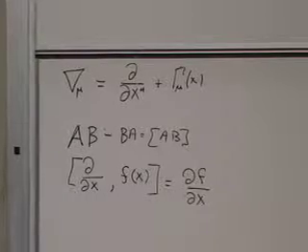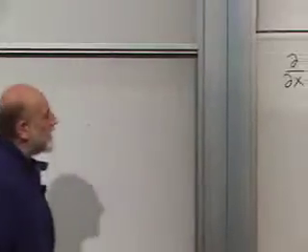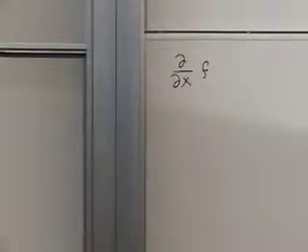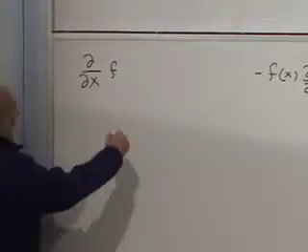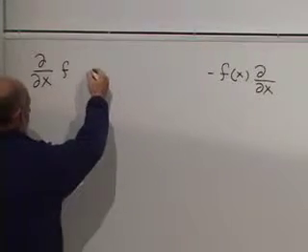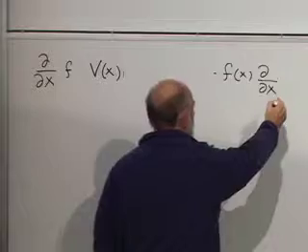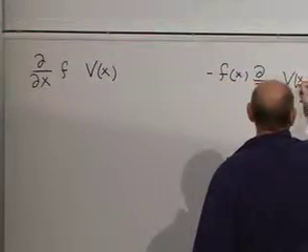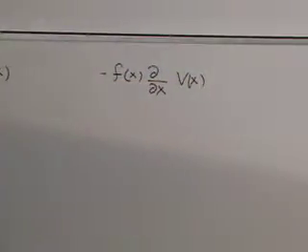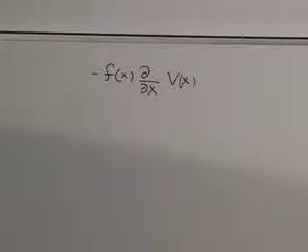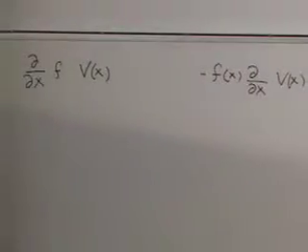Now, what's the difference between these two? Well, it's hard to say what the difference between these two are until I tell you what they do. What they do is they act on functions of x. Let's say v of x. Now, what's the meaning of this? This means first multiply by f.